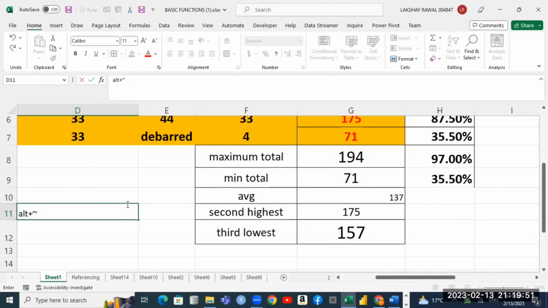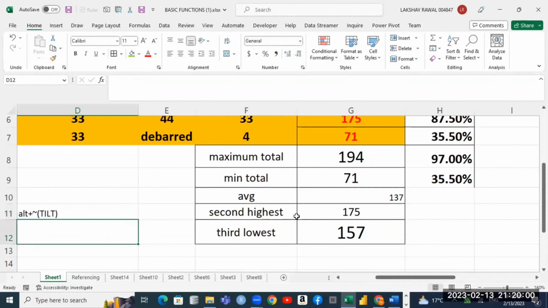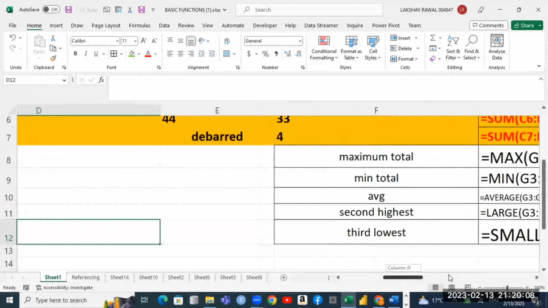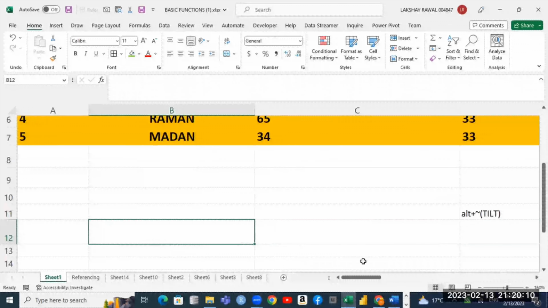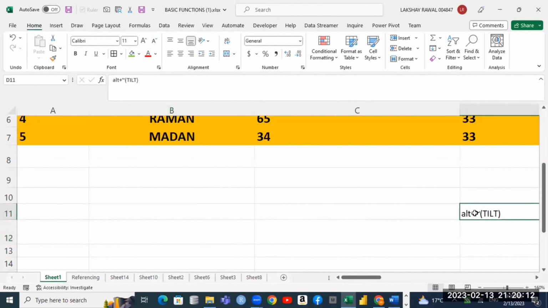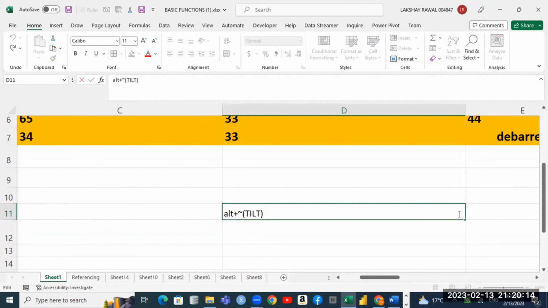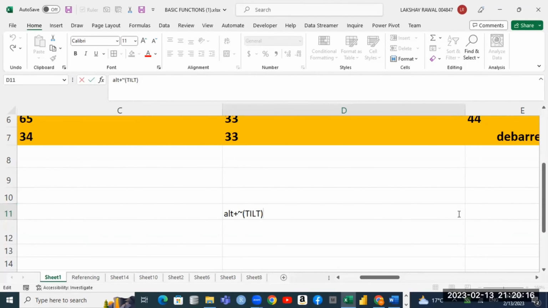There is a shortcut key, Alt button with this sign, called tilde. Not Alt with tilde, sorry. Control with tilde. I have written Alt, sorry. I will just change. Ma'am, can you please repeat it again? One second, my system is hanging.